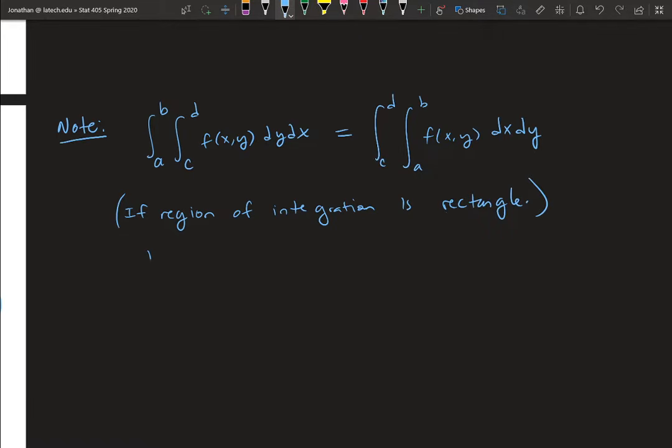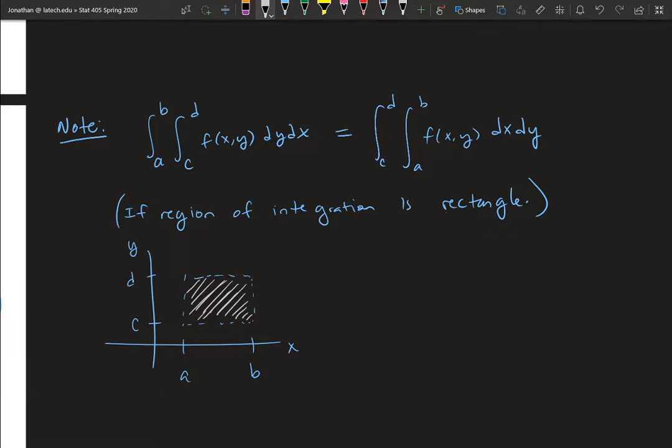So basically, in the xy plane, your region of integration looks like this: from a to b for x, and c to d for y. So this would be your region of integration. If you have a rectangle, it doesn't matter if you just go ahead and change them.